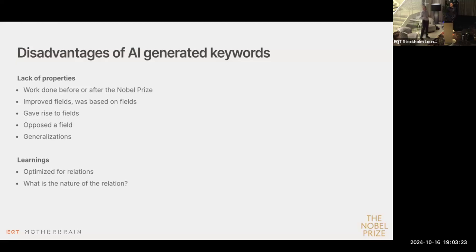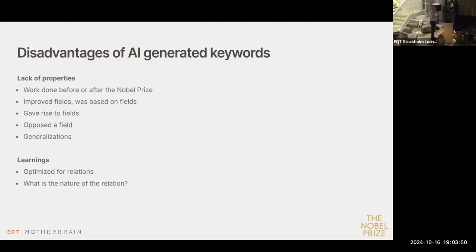It could be that they improved the field, or that their research led to a new field, or actually that they opposed another field. So for them, that was not the proper description of the prize, but for us generating a graph, these are gold. This is exactly the kind of connections that we want to create between the laureates and the Nobel Prizes.